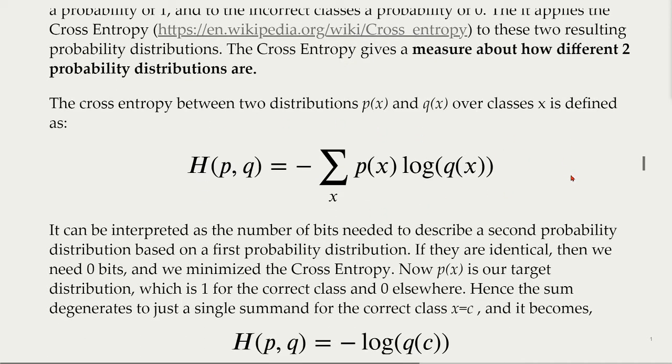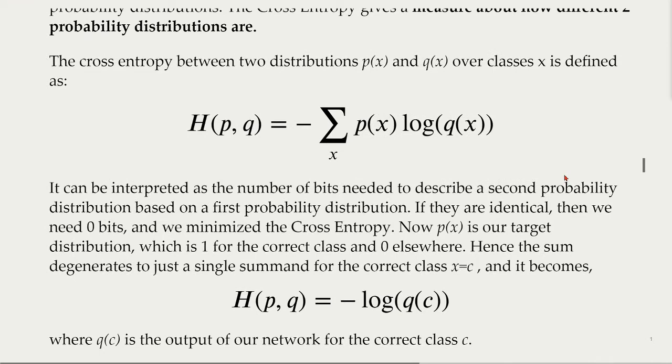It can be interpreted as the number of bits needed to describe a second probability distribution based on a first probability distribution. If they are identical, then we need 0 bits, and we minimize the cross-entropy. Now, P of x is our target distribution, which is 1 for the correct class and 0 elsewhere.